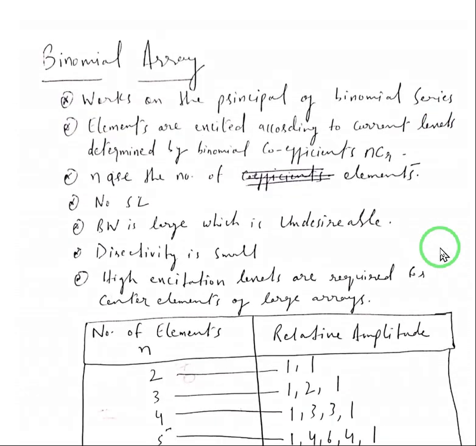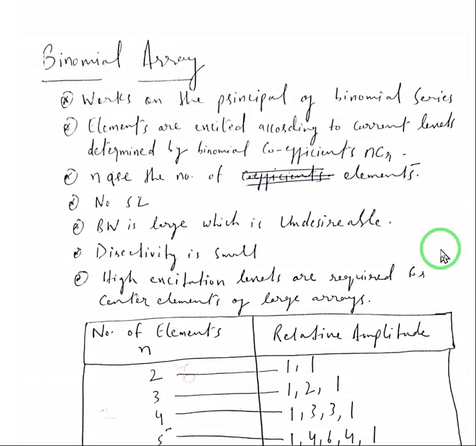Next is the binomial array. A binomial array is basically a type of array which works on the principle of binomial series, a very well known mathematical algebraic series used to express a binomial sequence.